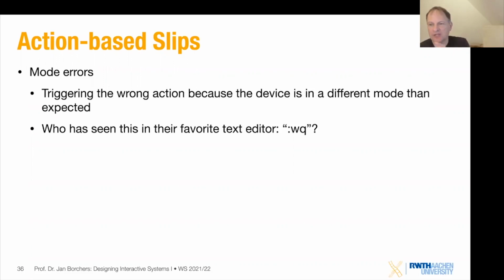When you start VI, you can't just start typing text like you would expect in a text editor. No, you have to enter the insert mode by pressing the I key. At that moment, the system is in a command mode, so you press the I key and it moves into insert mode. Then you can start typing text. Now, to get out of that mode, you have to press a key, typically escape. That takes you back into the command mode.